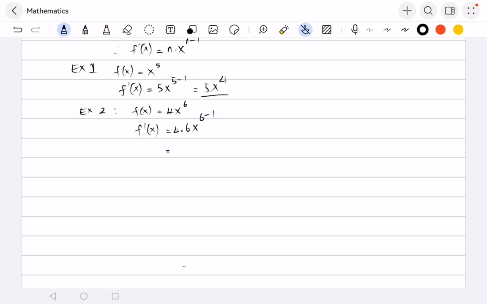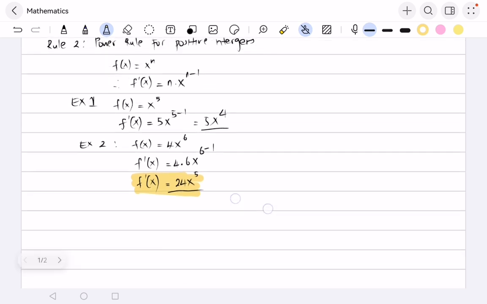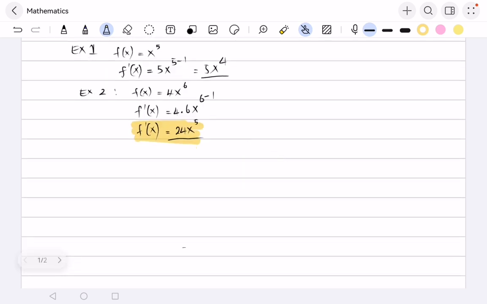So 4 times 6 gives us 24x to the exponent 5. So this is the derivative of f of x. It's very important to understand this rule because you're going to be using it a lot in the future.